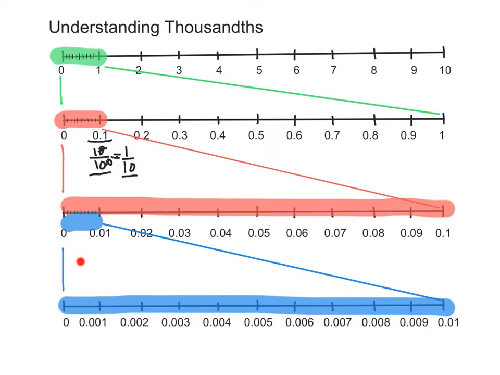So there's 1 thousandth, 2 thousandths, 3 thousandths, 4 thousandths, etc. So in between 0 and 1/100th, which is 10 thousandths, because I could write this as 0.010. Putting a 0 on the end doesn't change it. So now I have my thousandths number line.